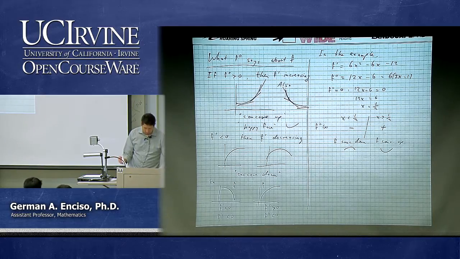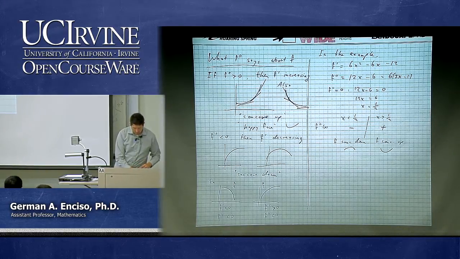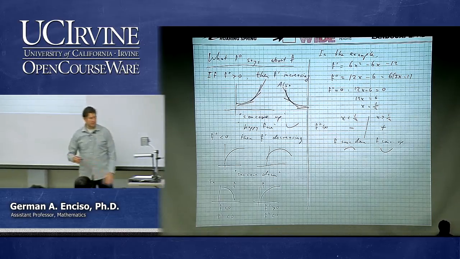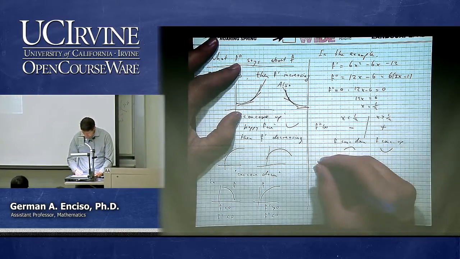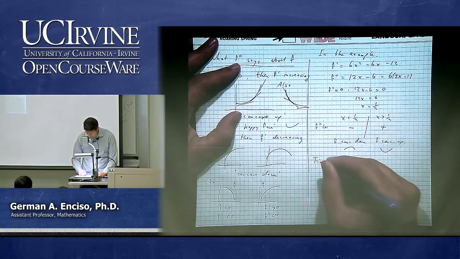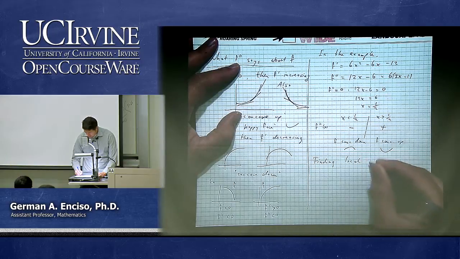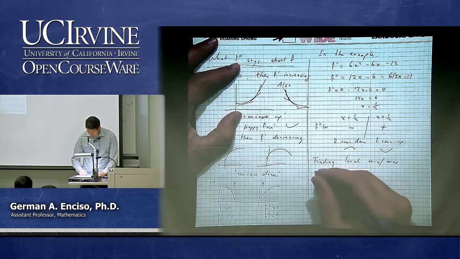There is actually some more information we can get about the local maxima and minima if the function has a second derivative that you know the signs of. Finding local minima and maxima, we can write what's called the second derivative test.